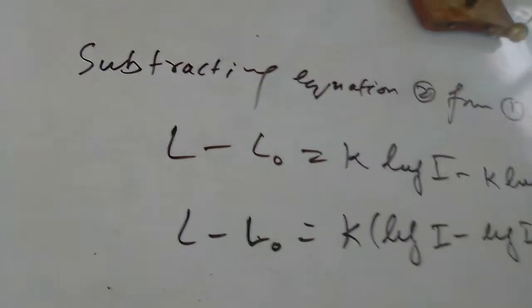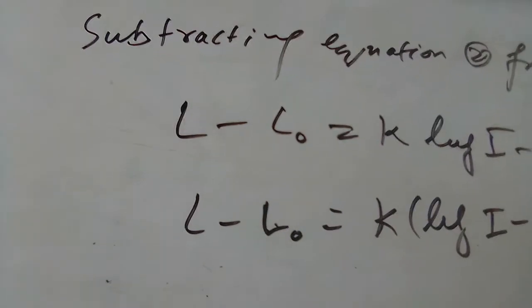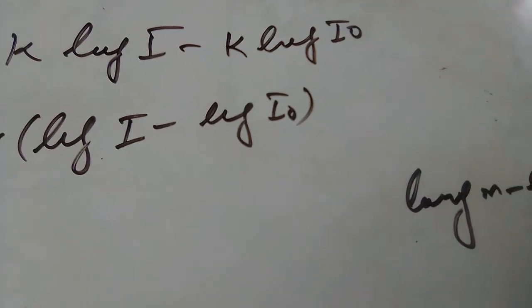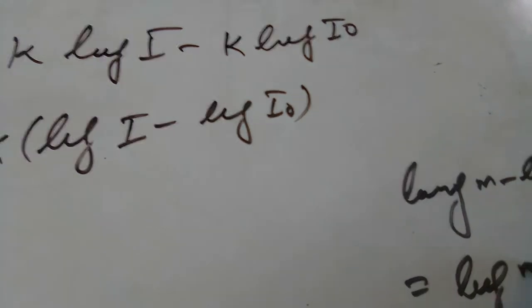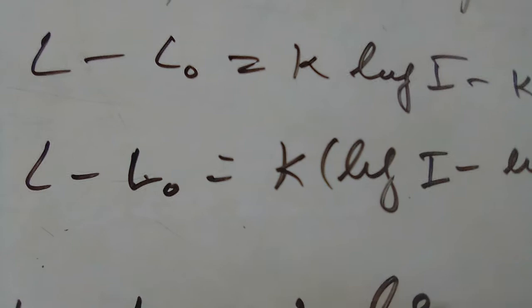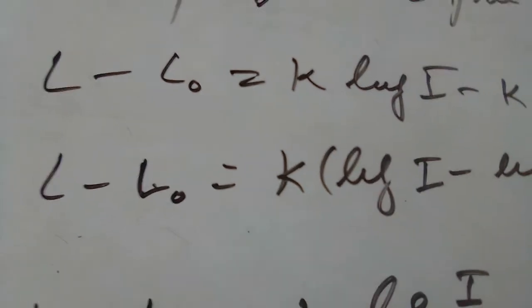Now we know that log of m minus log of n is equal to log of m divided by n. So this can also be written as L minus L naught is equal to K log of I divided by I naught.